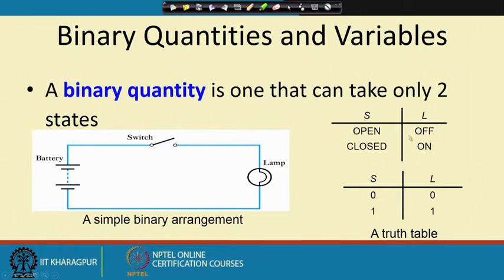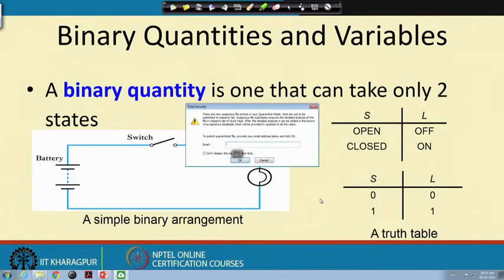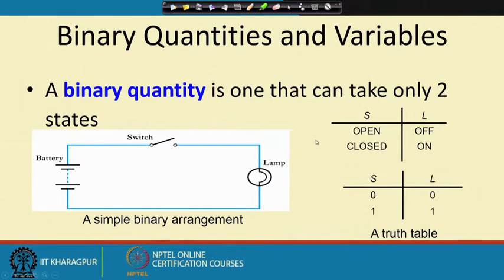The lamp can be off, represented by 0, and on, represented by 1. These representations are arbitrary and are chosen by the designer for design simplicity. However, whatever convention we follow has to be followed uniformly; you cannot change it from one part of the implementation to another.